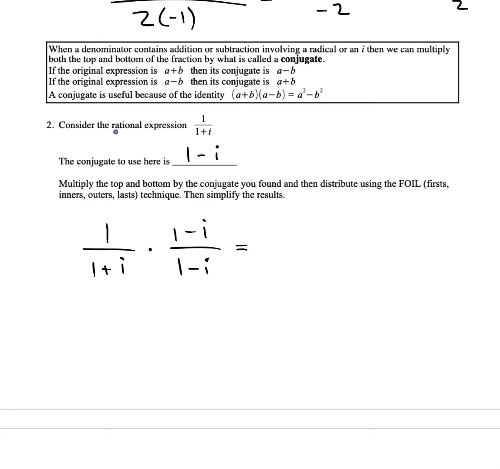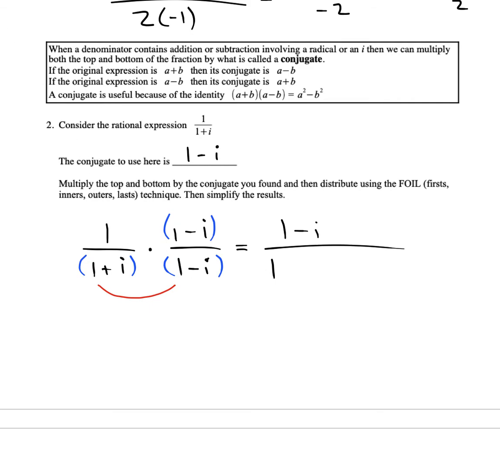All right, we're going to want to FOIL the denominator. So we'll do firsts, inners, outers, lasts. The firsts will be 1 times 1, so that's 1.